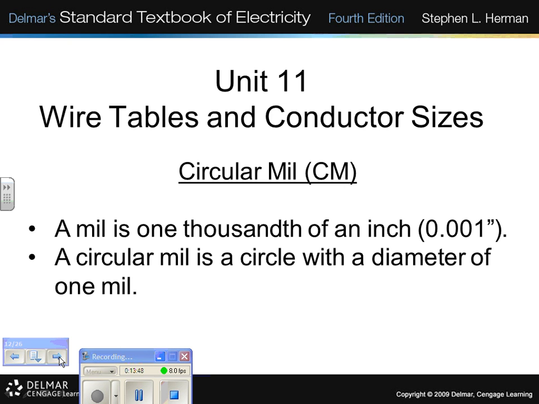Okay. Now, wire tables and conductor size. A mil is 1/1000th of an inch. Now you have to realize that they came up with this crazy method of looking at cross-sectional area that really doesn't make sense, but we're kind of stuck with it. It was done back in the Brown and Sharp era, back when they were figuring out the gauge of wire to begin with. A circular mil is a circle with a diameter of 1/1000th of an inch. Okay?